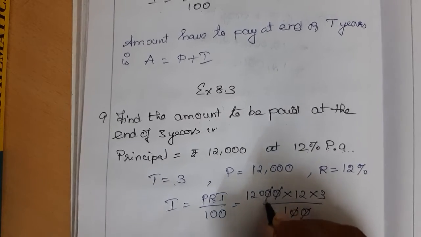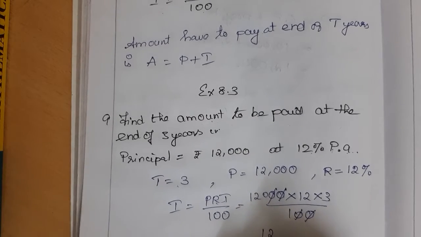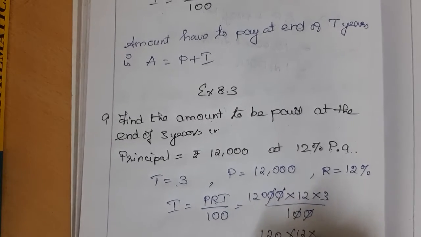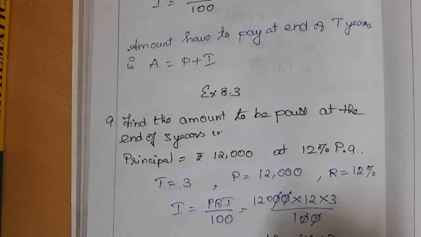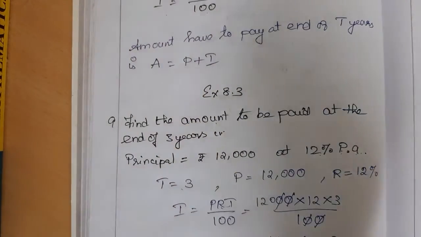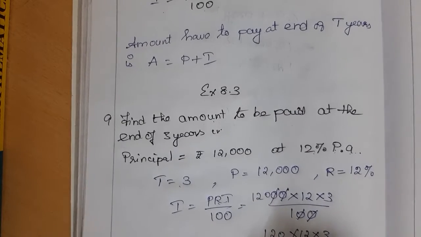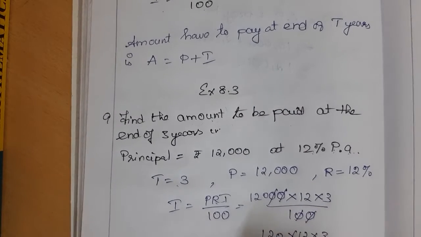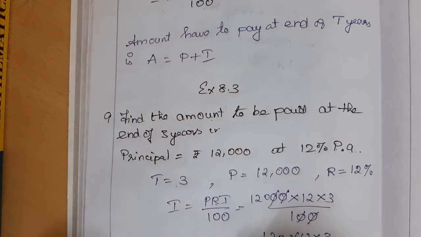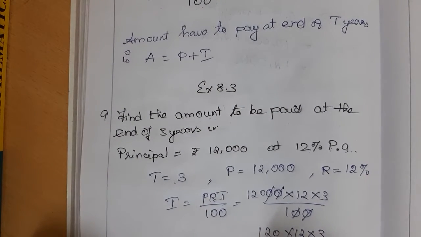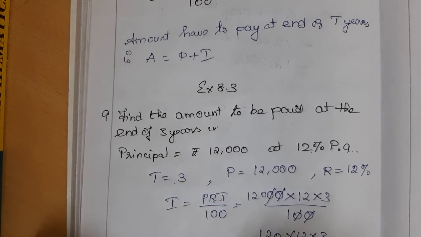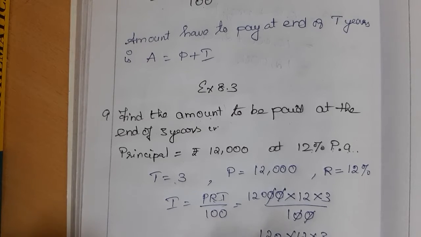The zeros get cancelled. The rest we have to multiply: 120 into 12 into 3, right? So 12 into 12 is 144, into 3, and it's 4,320. So interest is equal to 4,320.